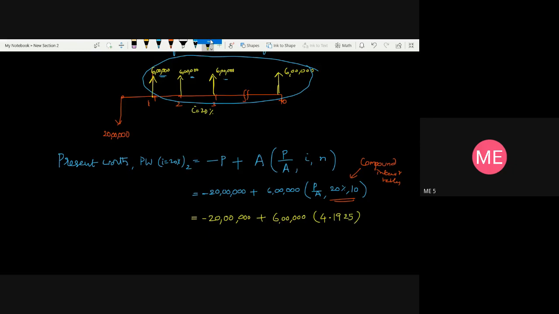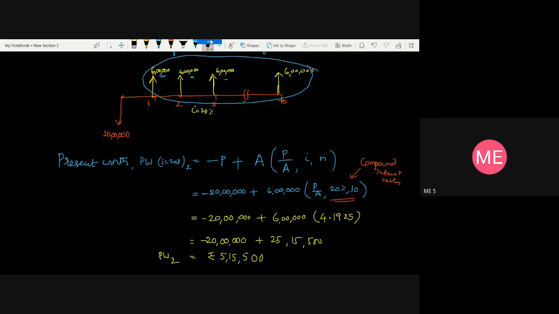Right. So by simplification, I'll be getting around 5 lakhs 15,500. So this is the present worth amount of alternative 2.